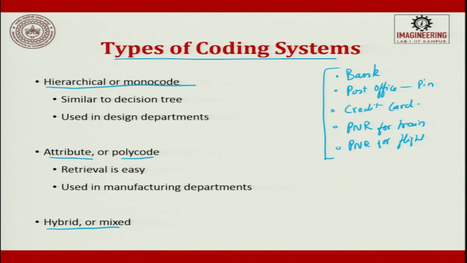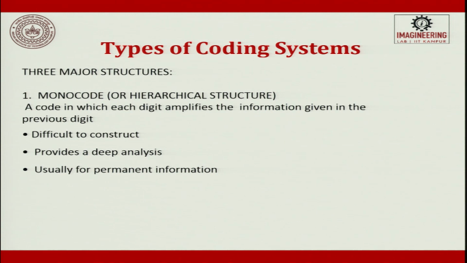In the hierarchical or monocode system, we follow a decision tree, similar to what is used in the design department. This is monocode. Attribute or polycode retrieval is very easy, and it is used in the manufacturing department. So, hierarchical is common in design, attribute is common in manufacturing, and mixed is a combination of these two. These are the different coding systems which are followed in real time.